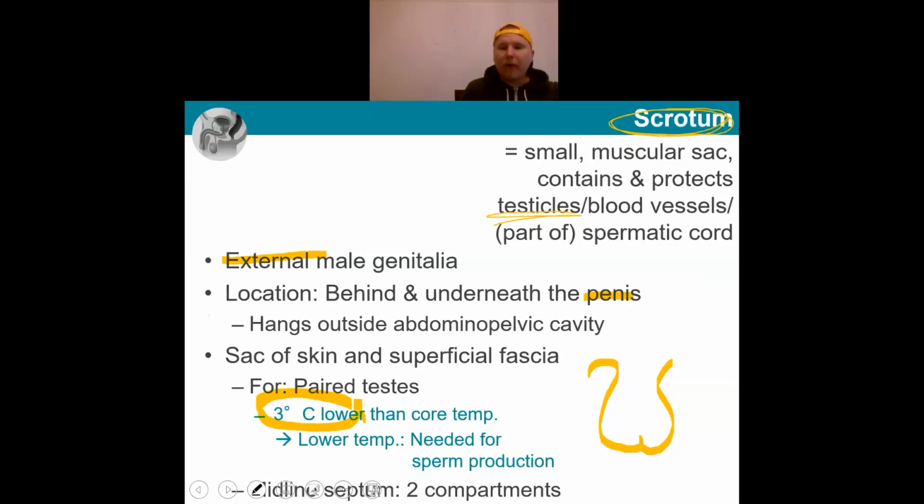And this is important for the optimal conditions for the maturation of the sperm, so that the sperm has a chance then to be in optimal temperature, which is about 3 Celsius degrees cooler than what our body temperature would typically be. So sperm production and maturation is optimal in this temperature. And it is actually divided from the midline into 2 compartments, one testis on each side.